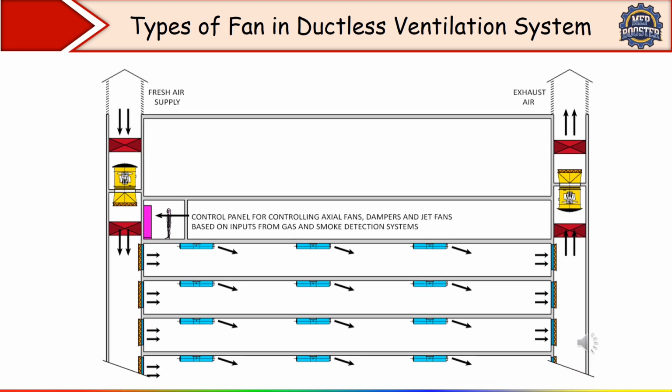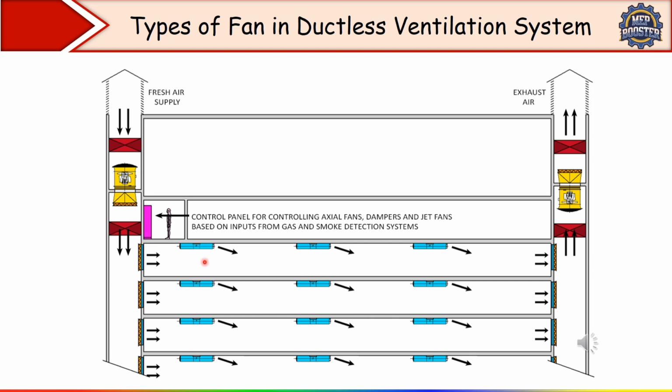Now here one image is there. You can see we have installed jet vent axial fans on each and every floor. Suppose this is a basement, with four basements. In case of fire, when smoke is there in the basement, we have to exhaust that smoke.